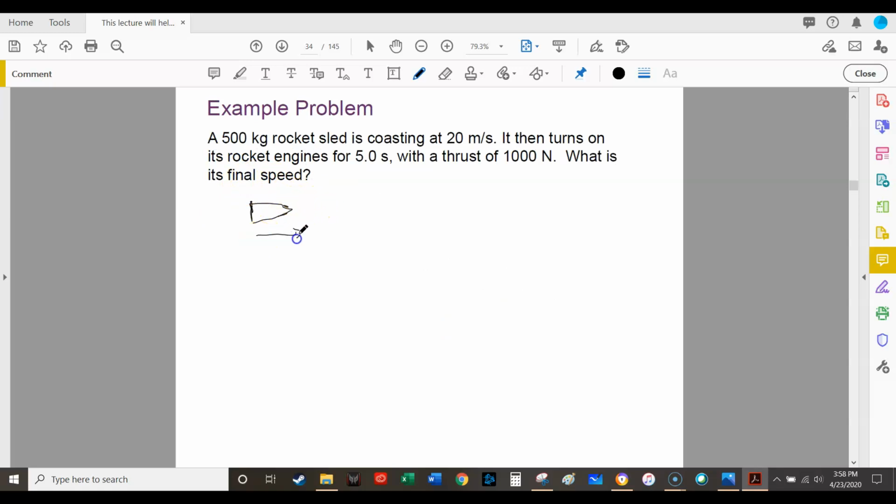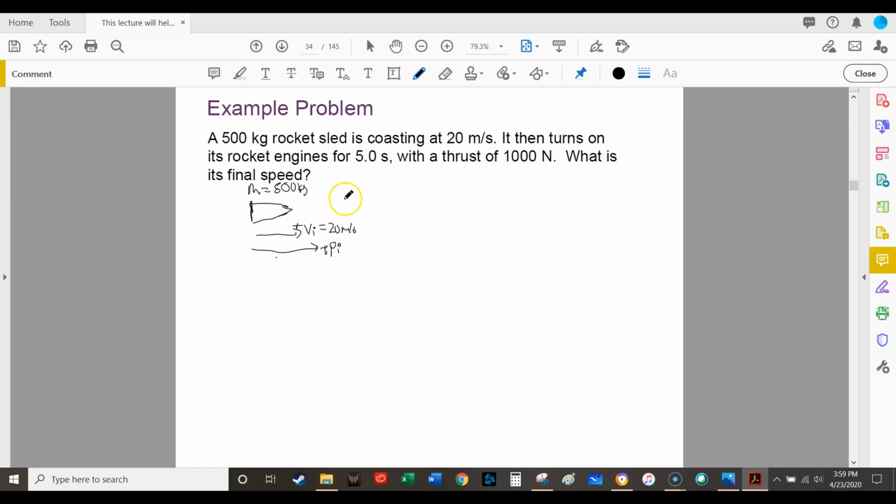So it's got an initial velocity, and I'm going to set it to the right. And so it's going to have an initial momentum to the right. And this is a mass of 500 kilograms, and it's got a velocity of positive 20 meters per second.